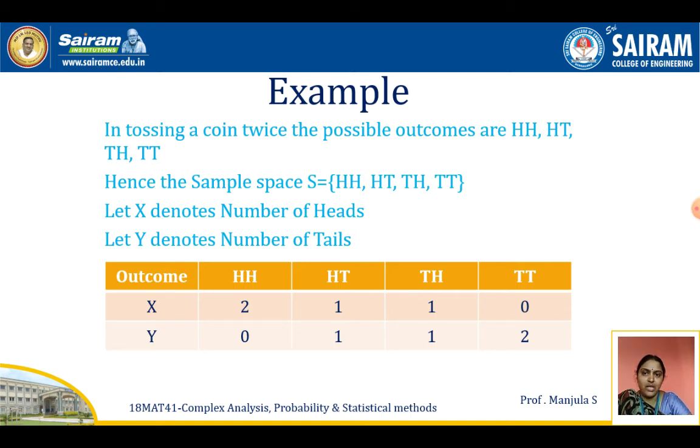For example, in tossing a coin twice, the possible outcomes are both times head, head and tail, tail and head, and both times tail. Hence, the sample space can be written as HH, HT, TH and TT.